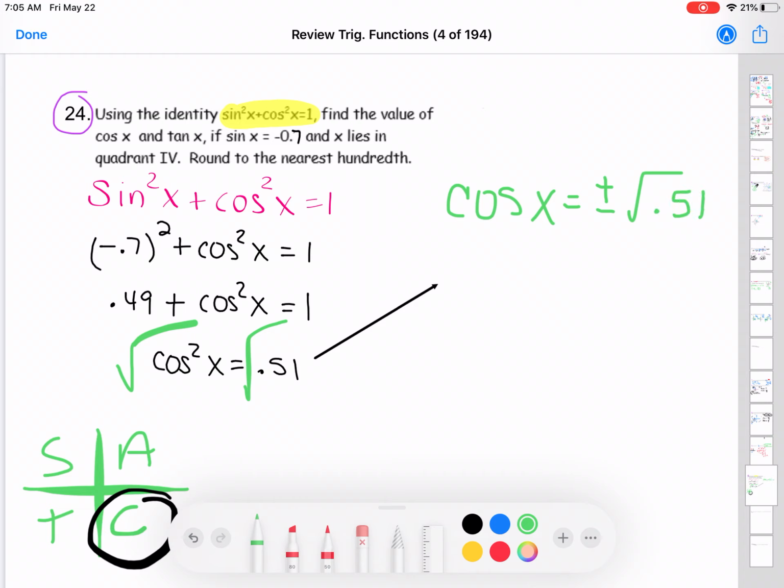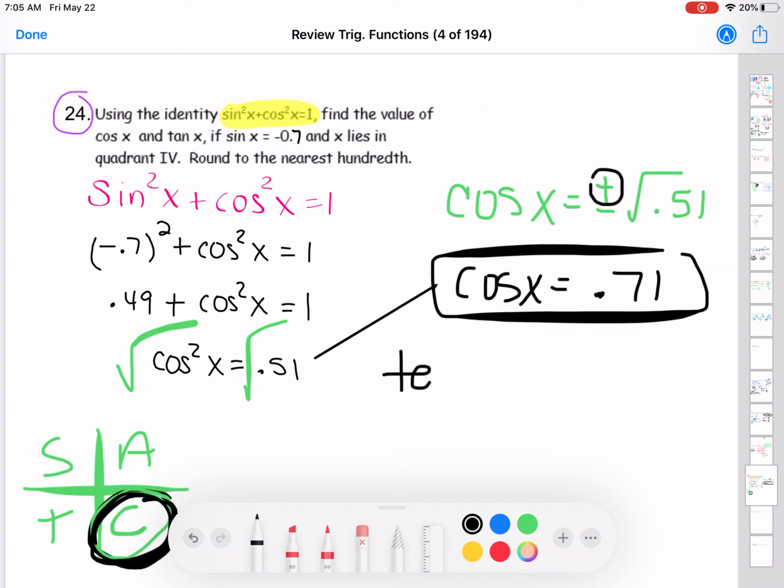Anytime we're taking the square root of a squaring. Okay, and now we're going to decide if it's plus or minus. So we're in quadrant 4, so cos is definitely positive. And now I want to find it to the nearest hundredth, so I'll plug that in my calculator. And to the nearest hundredth would be 0.71.